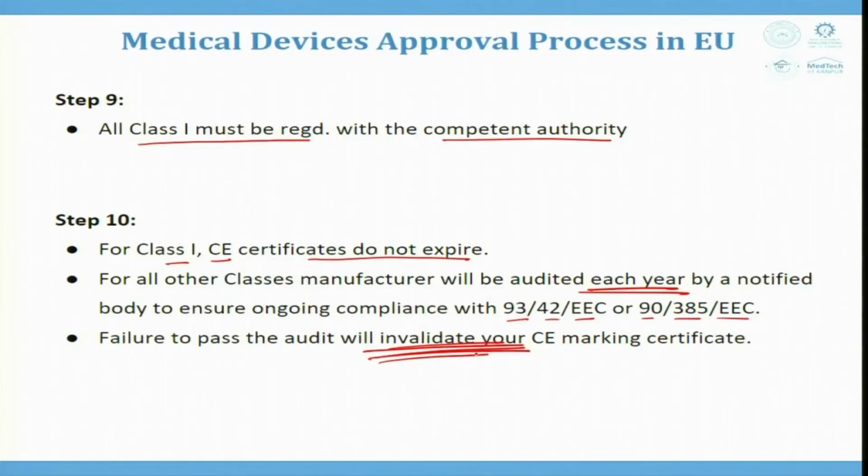Sometimes small things, like the document number is not correct, these are all small minors. If major non-conformances do come, one or two are also sometimes acceptable, depending upon the severity of the non-conformance given. If a similar non-conformance repeats the next year, then invalidation generally happens. So, this is how the audits happen.